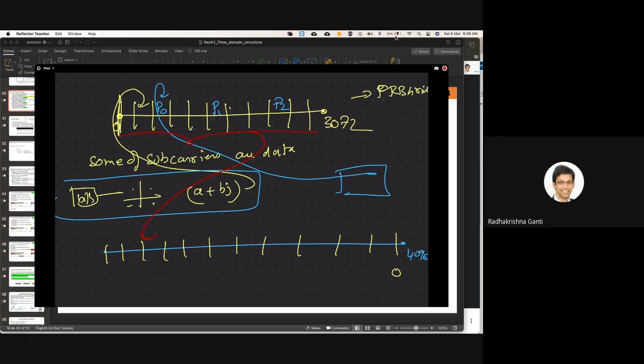Okay, does it make sense? Any questions? So it's not bits which are mapped to 0. When I say 0, you map subcarriers to 0. Instead of a complex number a plus bj, you do 0 plus 0j, so that no power goes in that subcarrier.